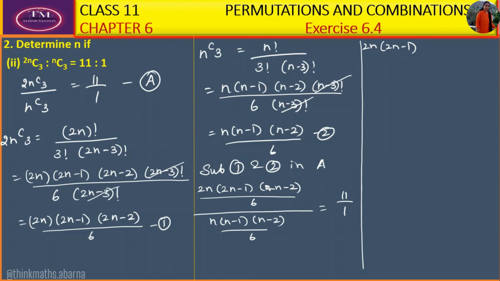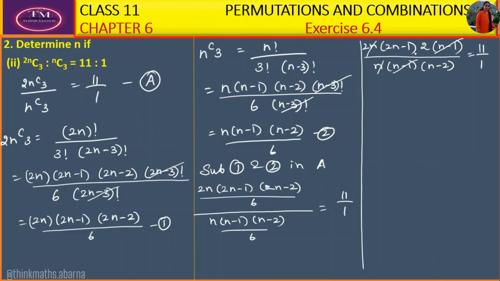In this, 2 can be taken outside. If you take 2 common outside, it will be n minus 1, and in the denominator we have n minus 1, so it gets cancelled. In the denominator it is n into (n minus 1) into (n minus 2) equal to 11 by 1. So this n gets cancelled, n minus 1 gets cancelled.